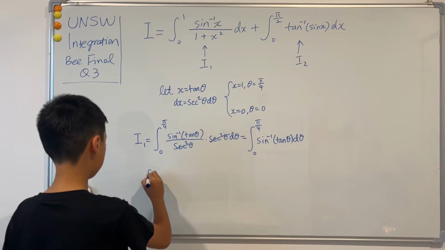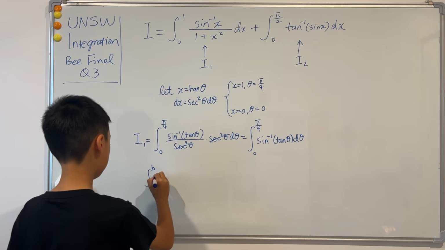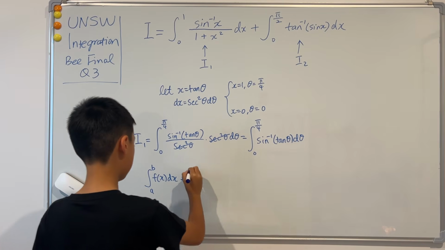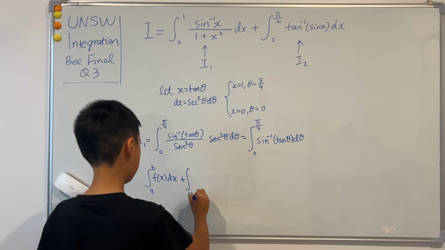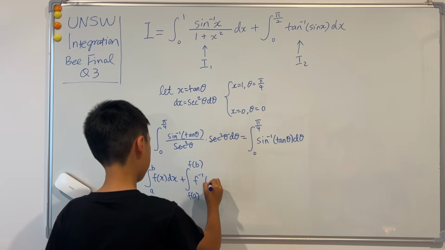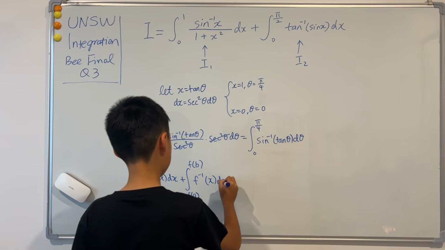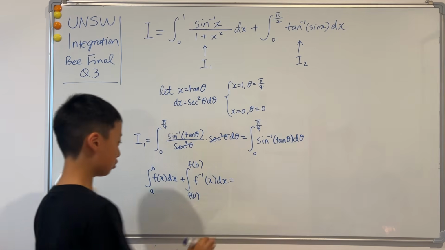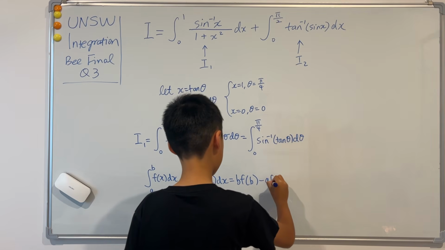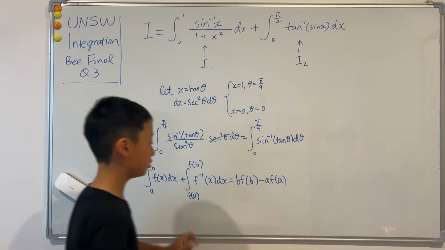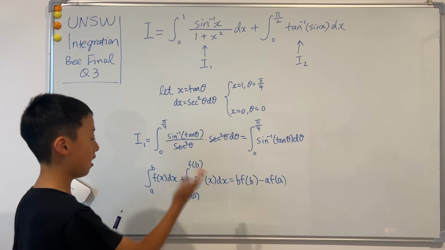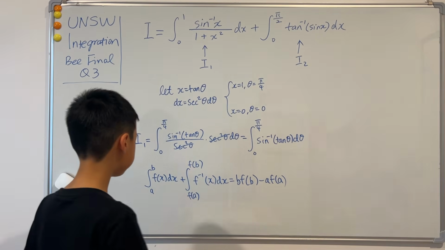If we have the integral from a to b of f of x dx, and we add the integral from f of a to f of b of f inverse x dx, then this is just equal to b f of b minus a f of a. Now, if you want to know the proof of this, you can go watch my previous video. But in this video, I'm just going to use this formula.